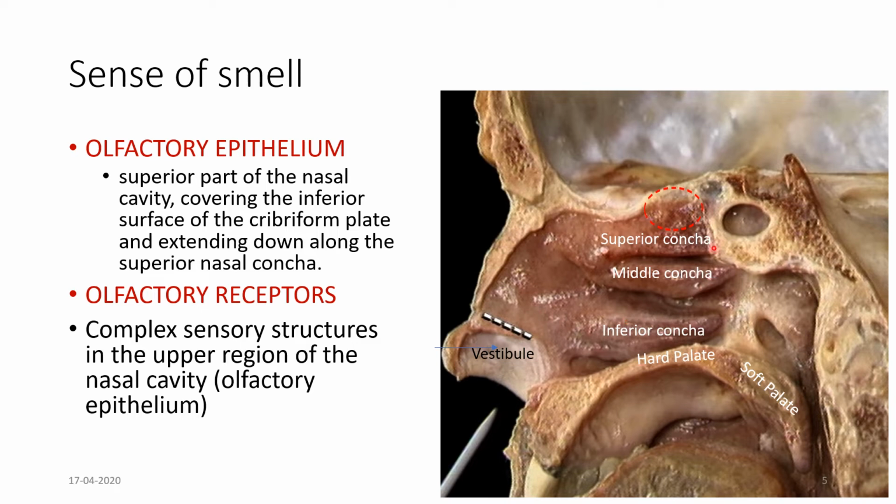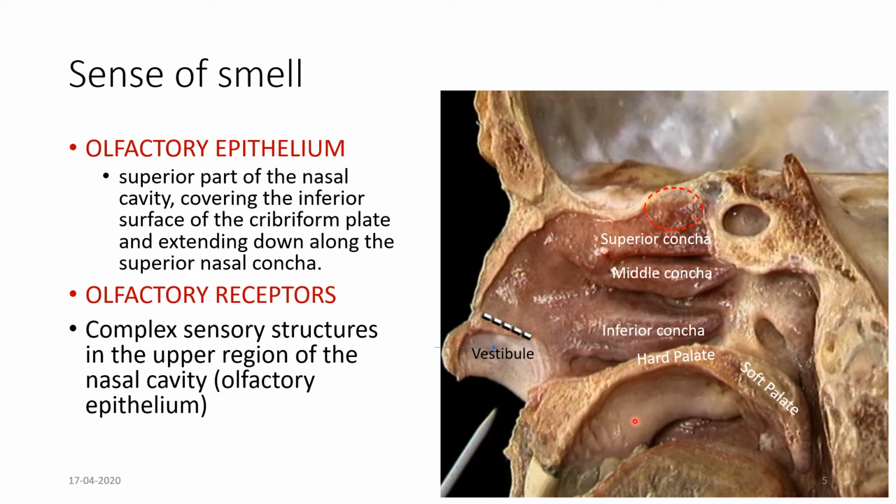In the lateral wall of the nasal cavity, there are three conchae: the superior concha, middle concha and inferior concha. The nasal cavity is separated from the oral cavity by the hard palate. This is the hard palate, posteriorly this is the soft palate, and this is the tongue, and this is the roof of the oral cavity.